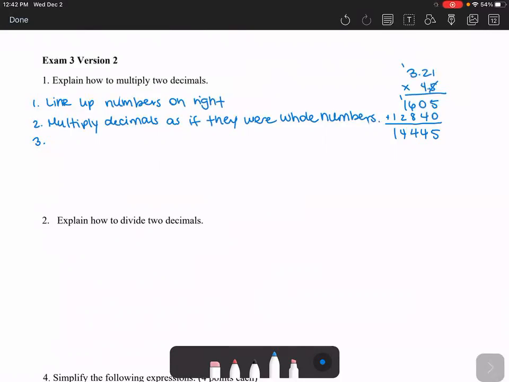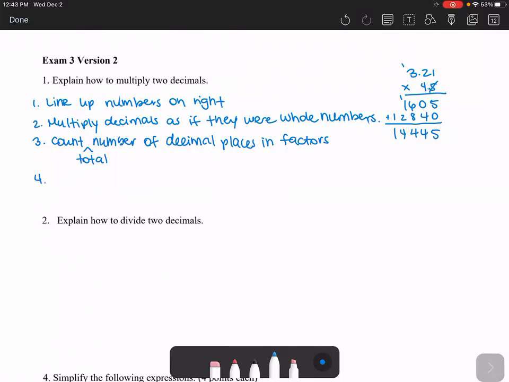So the way we do that is we count the number of decimal places in the factors. You could say this as counting the total number of decimal places in the factors, or counting the number of decimal places in each factor and then adding them. Those mean the same thing. So we're going to count the total number, meaning that we add them, the total number of decimal places in the factors.